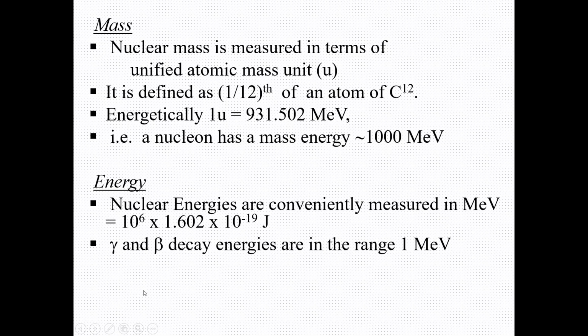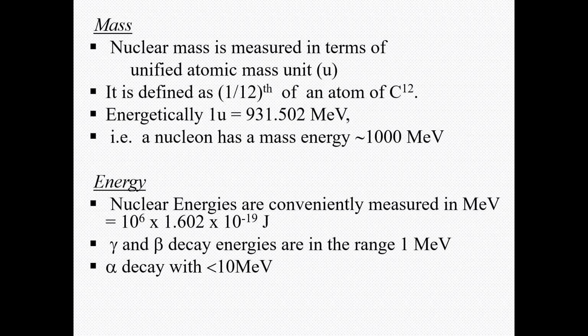So gamma and beta decay energies are in the range of 1 mega electron volt. But alpha decay involves much more energy in comparison to gamma and beta, though still smaller than 10 mega electron volt.